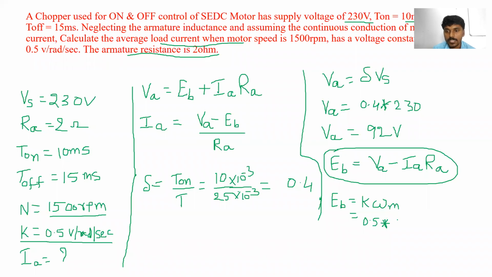Omega m is equal to 2 pi N upon 60. 2 into pi into N, N is nothing but 1500, divided by 60. Clear?